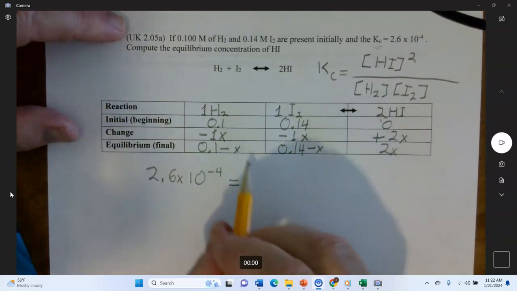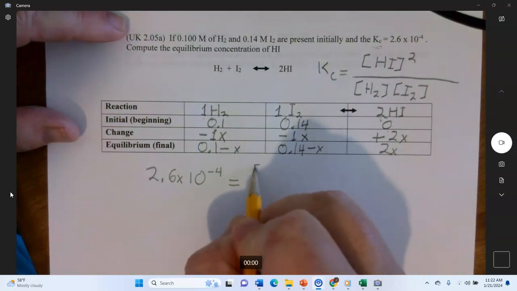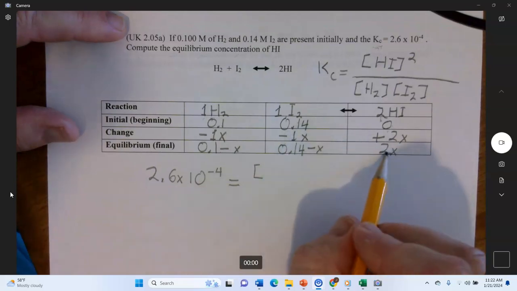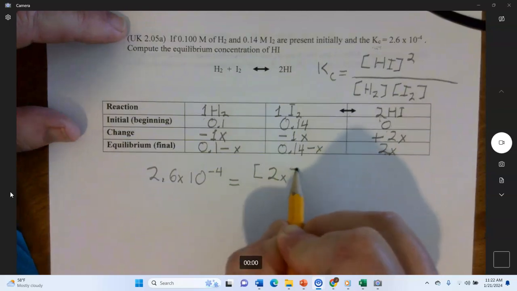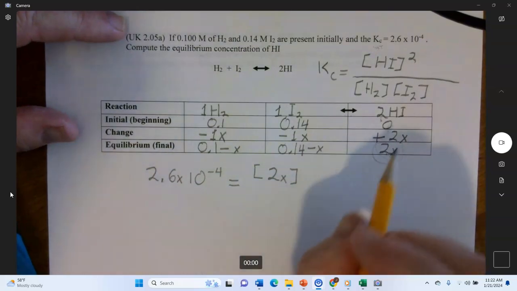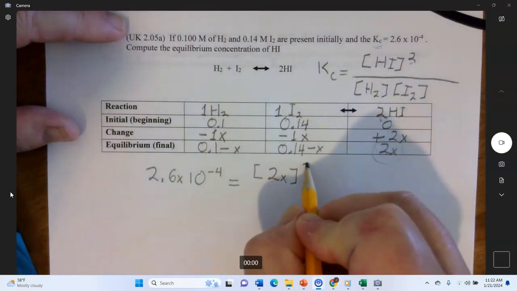Okay, let's write the equation with the algebra first. So it's going to be this. Now here's the thing. You do write the 2x in here now, because that's actually the concentration, it is 2x. In addition, you put the exponent up here.